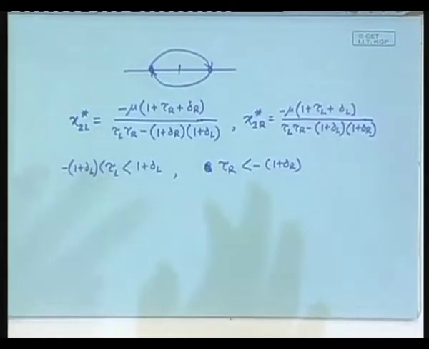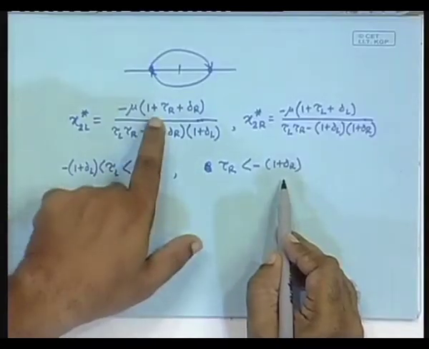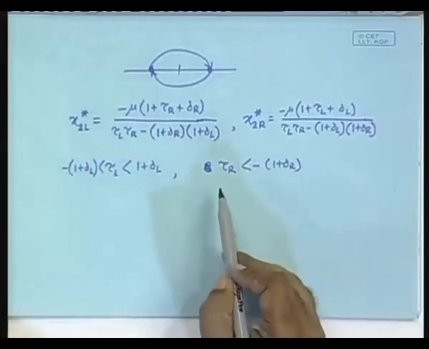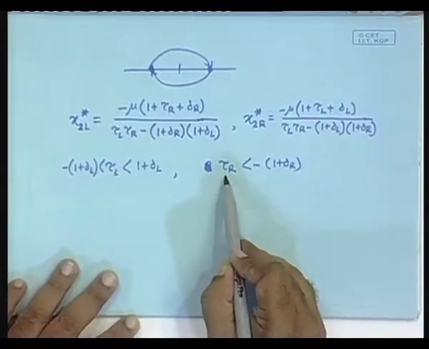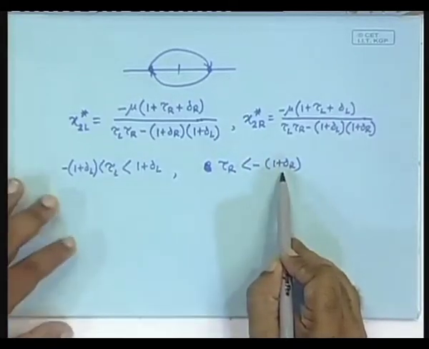Will this fixed point exist, this period 2 fixed point, or not? What is your answer? It will exist or it will not? It will not exist. Okay, let's clarify your argument. Let's look at the situation here, tau r, which appears here. So, tau r less than minus 1 plus delta r.